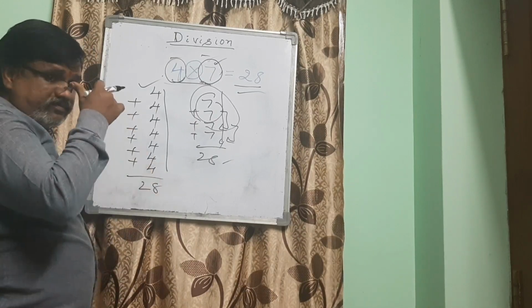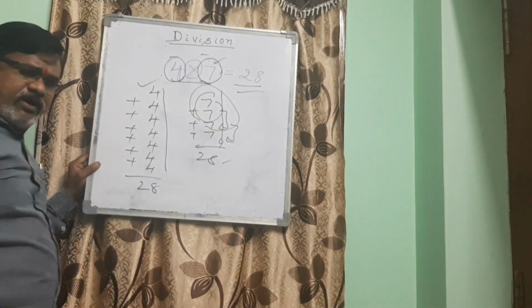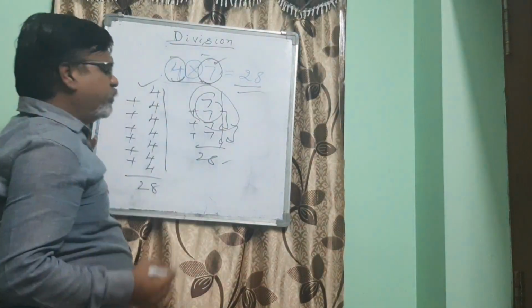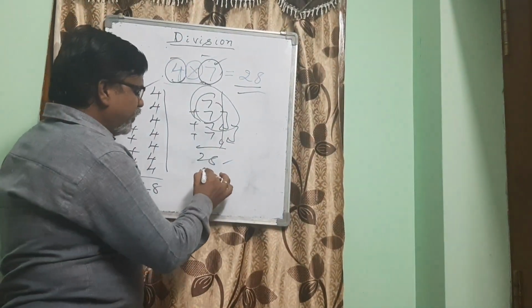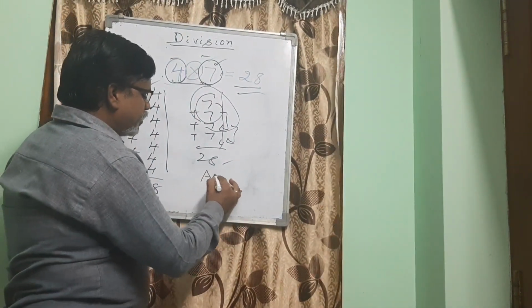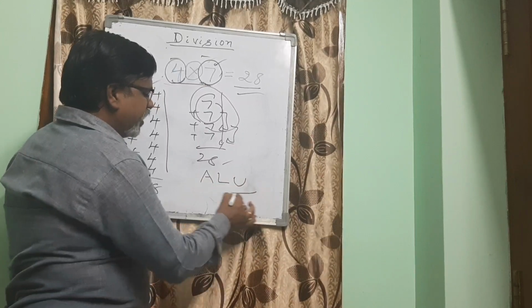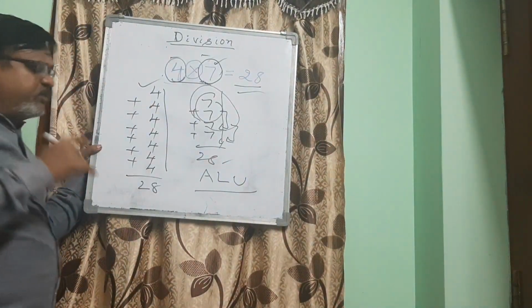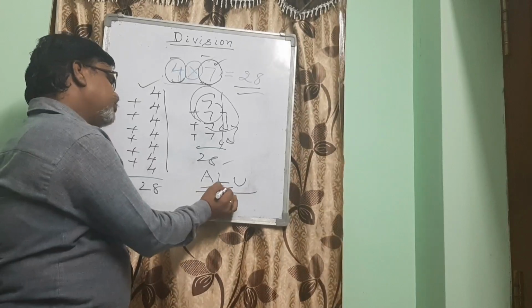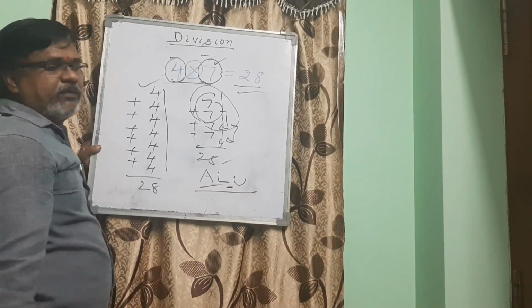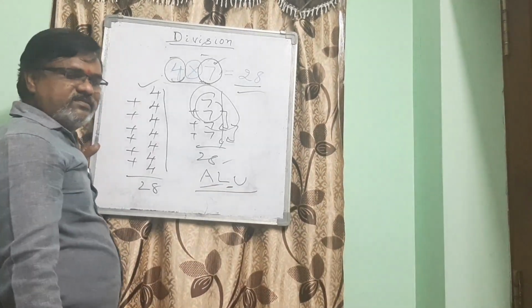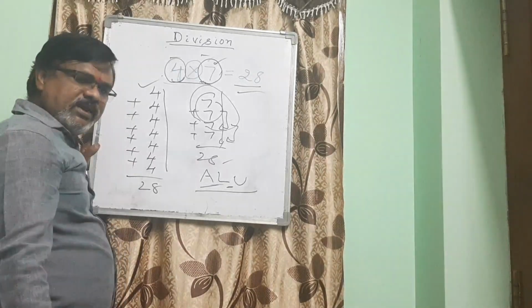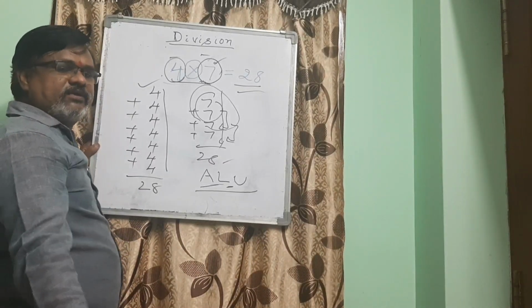So how will this comparison be performed? As we discussed, in the basic computer there is a component called the arithmetic logical unit, which performs arithmetic operations as well as logical operations. Logical operations mean greater than, less than, greater than or equal to, less than or equal to, not equal to, like that.